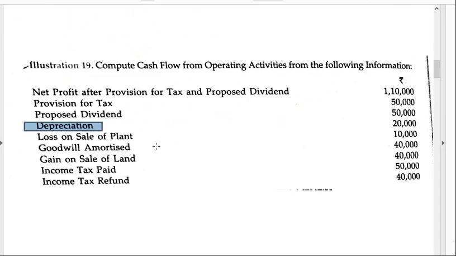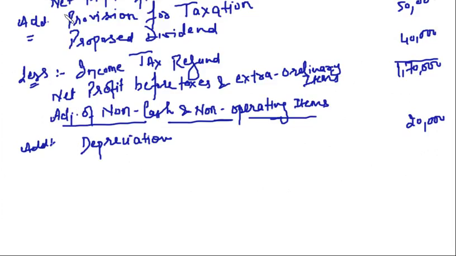Next, loss on sale of plant. Where are we going to treat this loss on sale of plant? We have discussed this in the previous lectures. Is sale of plant a routine activity of the business? No. Then the loss on sale of plant is not a routine activity for the business, so it will be treated under the non-cash and non-operating items.